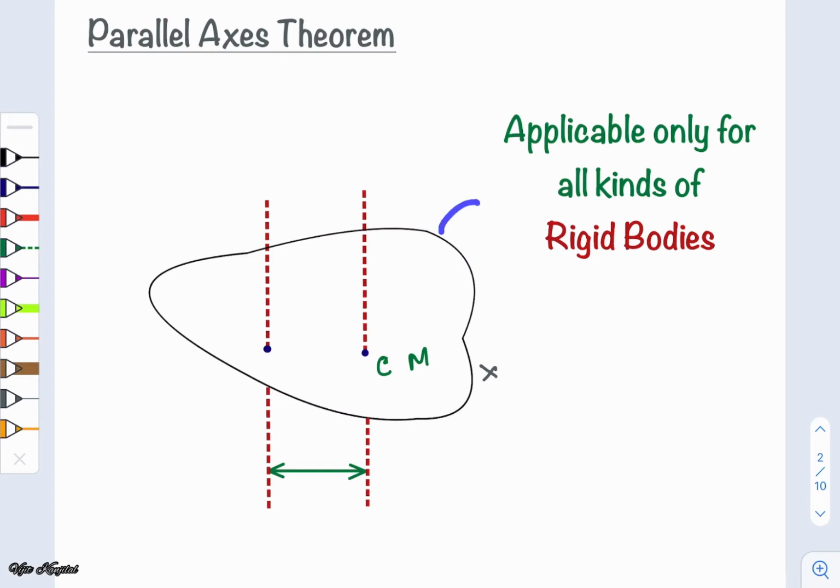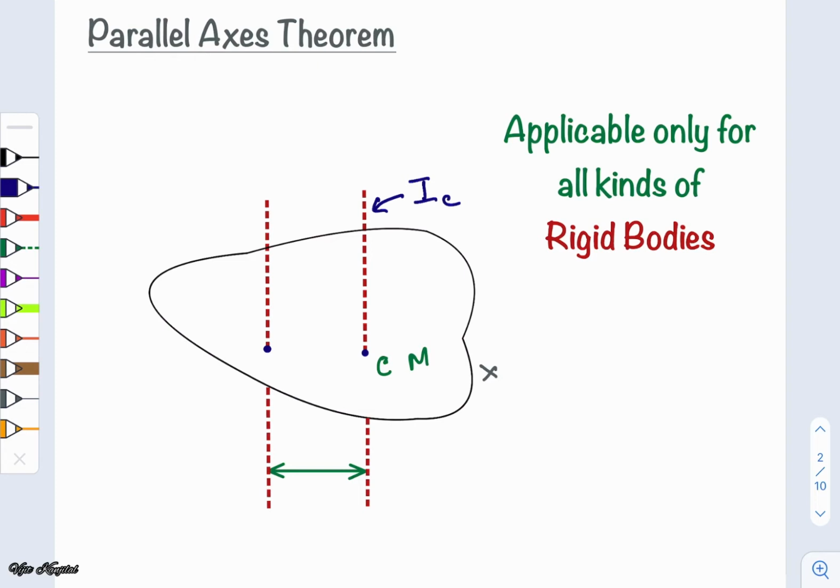Consider this particular rigid body. Assume that this particular point is the center of mass of this rigid body, and this axis is an axis passing through the center of mass. Now, let us assume that the moment of inertia of this rigid body with respect to this axis, which is passing through the center of mass, is IC.